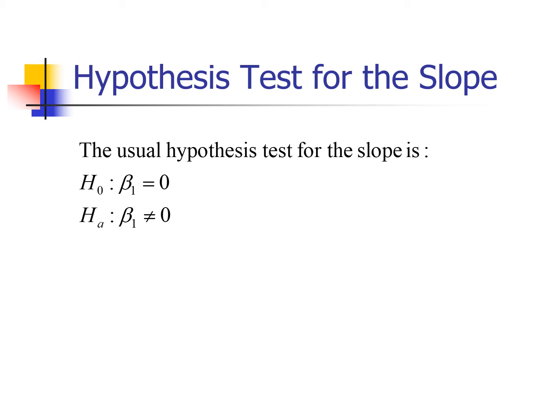And again, I'm assuming that you're comfortable with the basics of hypothesis testing. What's a null hypothesis? What's an alternative hypothesis? What's a p-value? What's a significance level? What's an alpha? What's a type 1 error? What's a type 2 error?